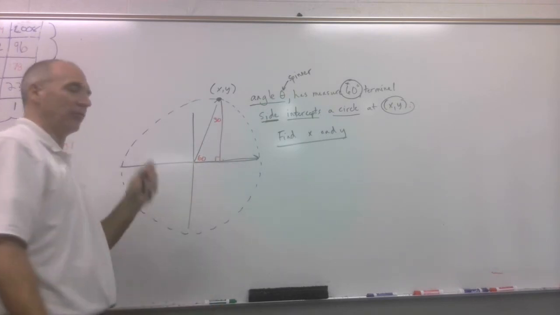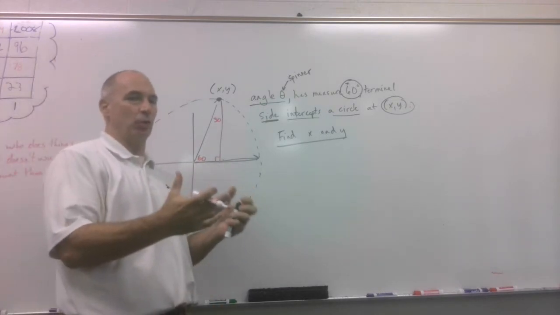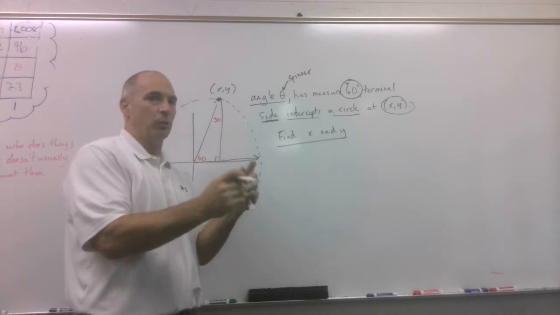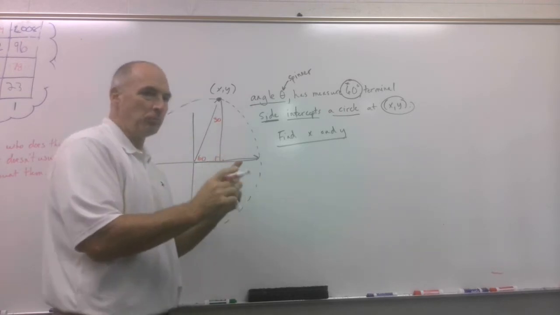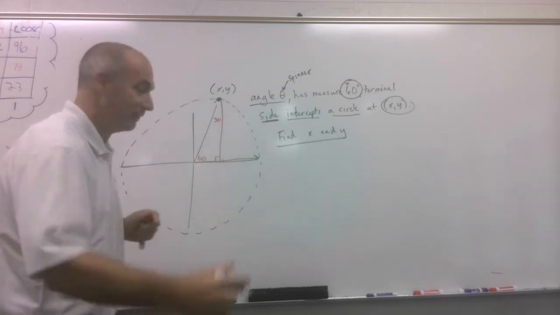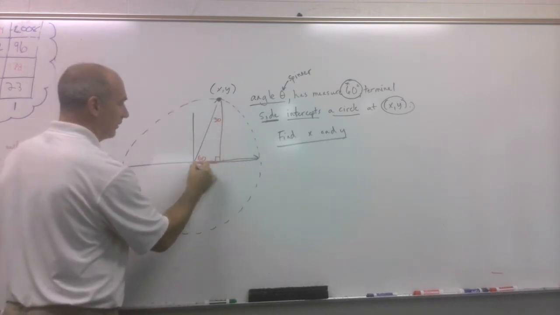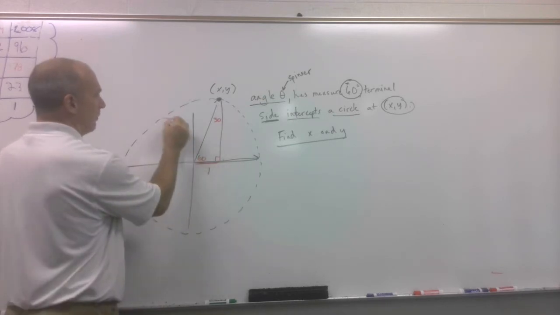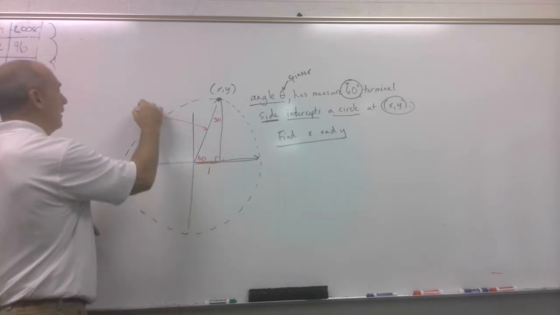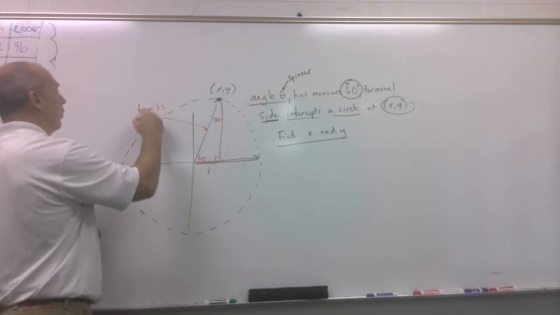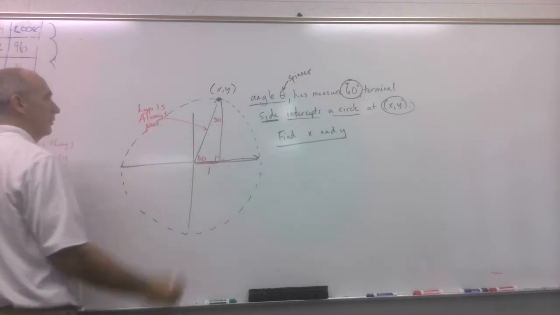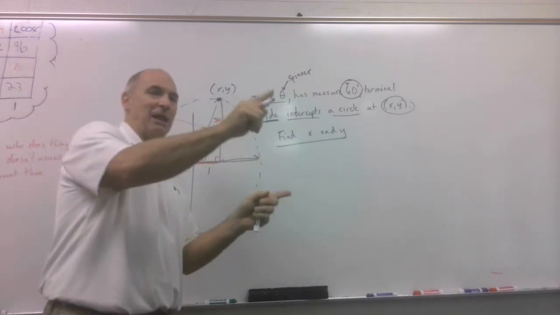Now this always throws students when they don't give you solid evidence. But we're going to get in the habit. When they don't give us dimensions for a 30, 60, 90, make your life easy on yourself. Let's call this guy 1. Now, something I tried to say at the end of the pre-lesson, your hypotenuse is always, always, always, always positive. Because it's a spinner. It's always going to have length.